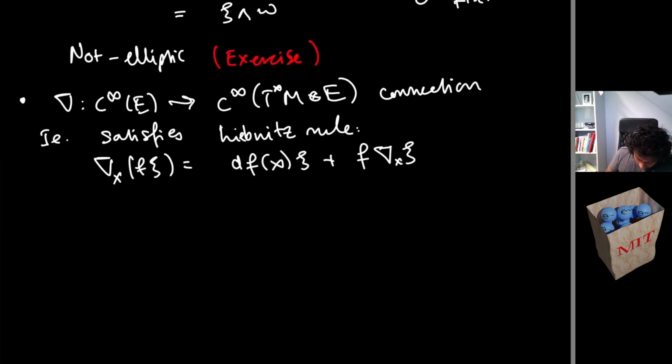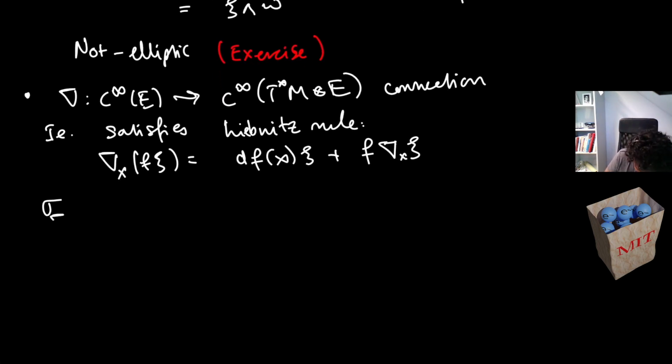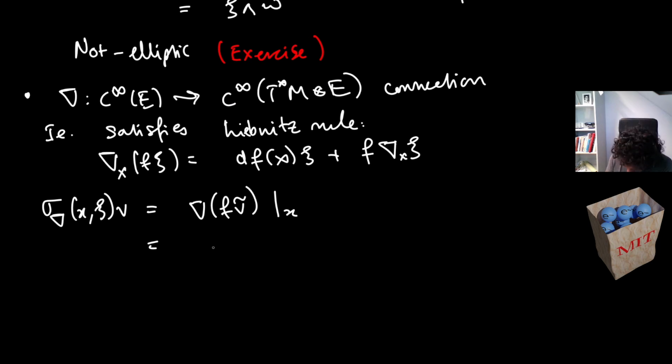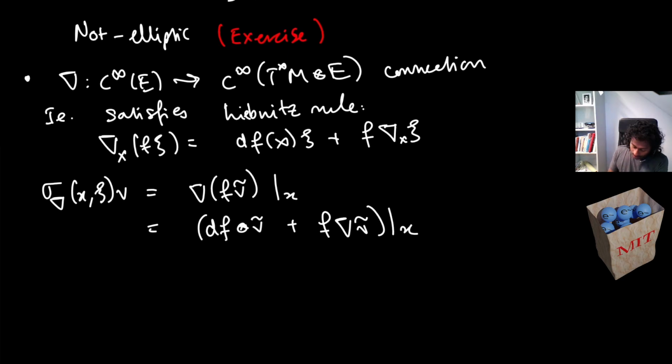So if we compute the principal symbol of this at x, this is precisely equal to df tensor v tilde plus f at x times the connection of v tilde. And again, we arranged this term to be 0, right? So f of x, remember, is 0.